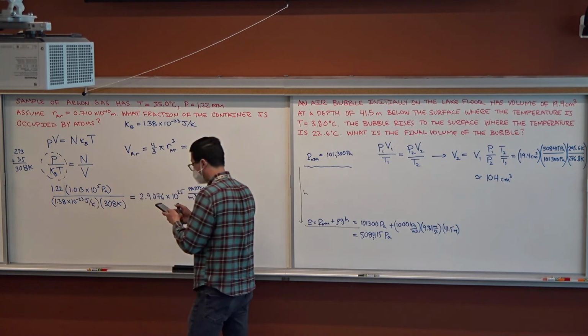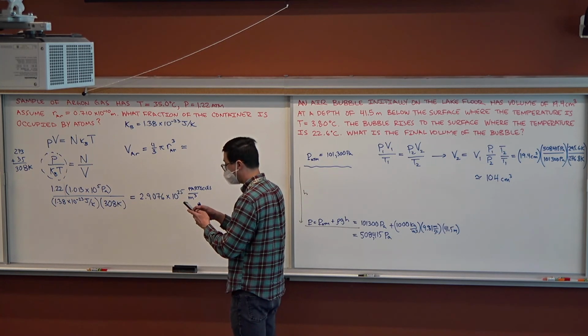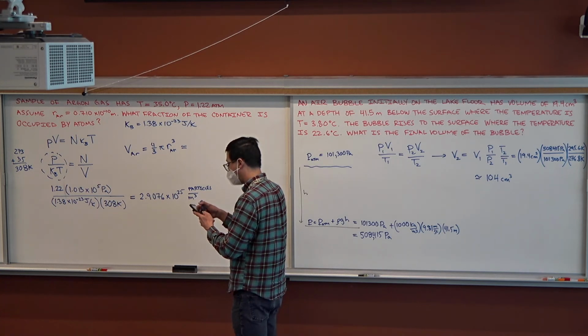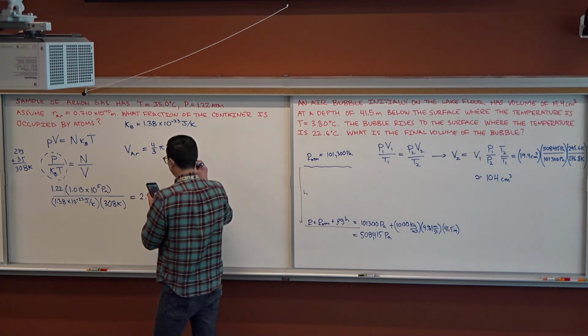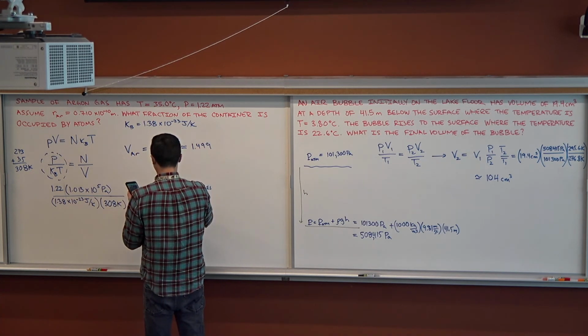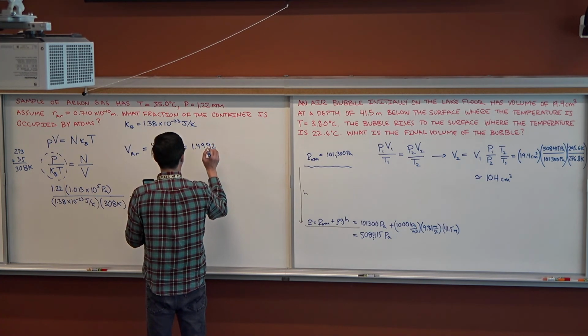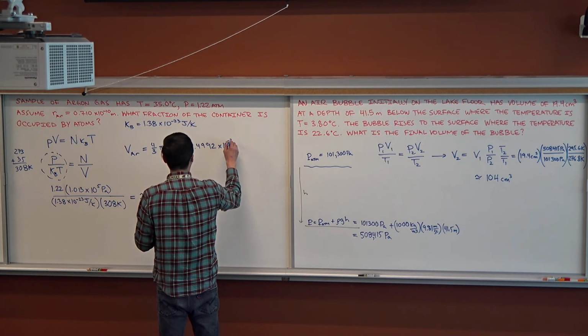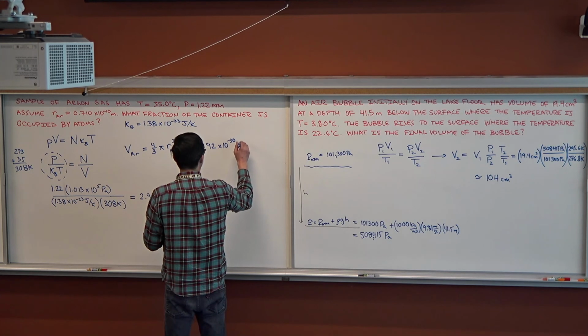There's no point in making this harder than it has to be. 0.71 times 10 to the minus 10 raised to the third power, times pi times 4 divided by 3, 1.4992, keeping a similar number of decimal places, times 10 to the minus 30 cubic meters.